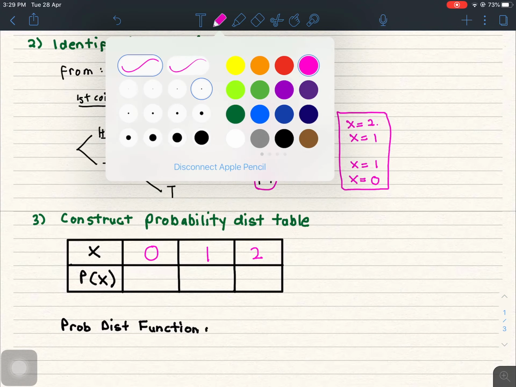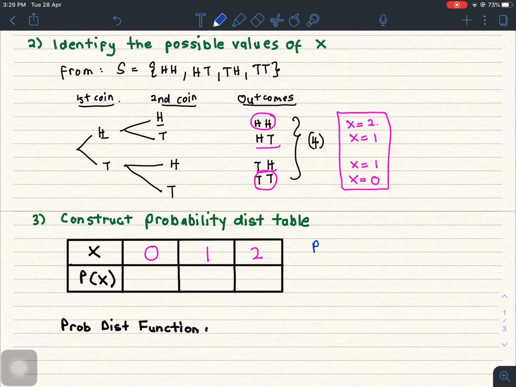I should take started from 0 first. Now, let's look at when x equivalent to 0. Now, what is the outcome when x equivalent to 0? You get the outcome of probability of tail and tail. So this is actually probability when you get a tail and a tail.